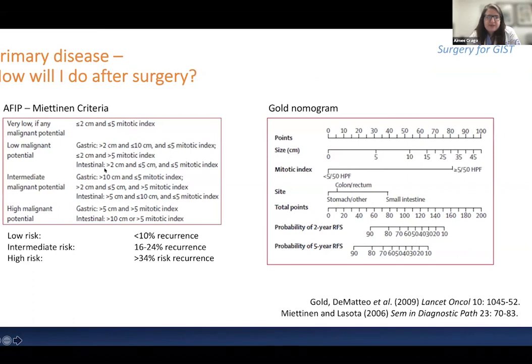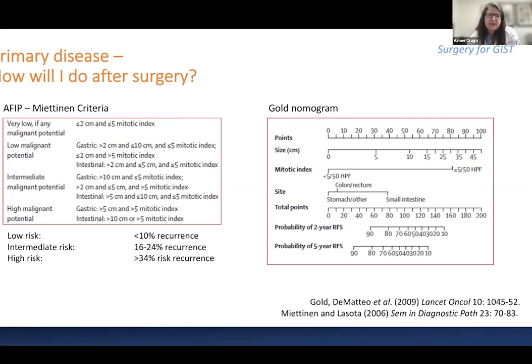In the intestine, the tumors are low malignant potential if they're small or less than 5 centimeters, five mitoses per 50 high-powered fields. And intermediate and high malignant potential tumors are characterized in those categories if they start to have more than one of the risk factors for recurrence.